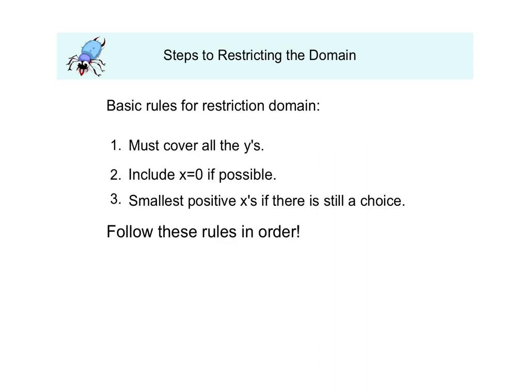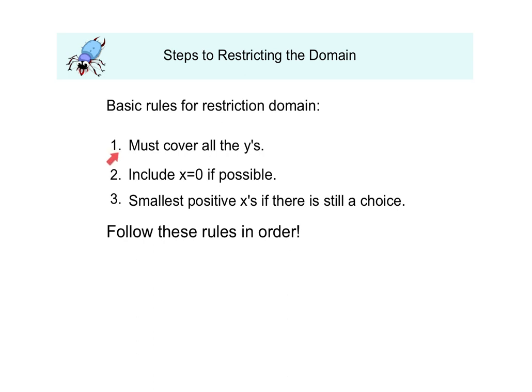Now, there are infinitely many 1-to-1 sections we can choose on each of these functions, and because of that, mathematicians have come up with a way to be consistent and choose the same 1-to-1 section as they are looking at functions. And the rules go like this.